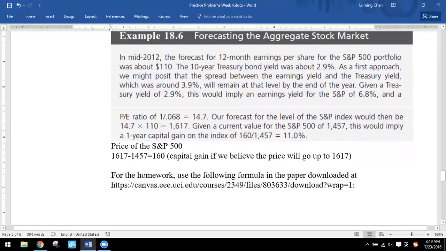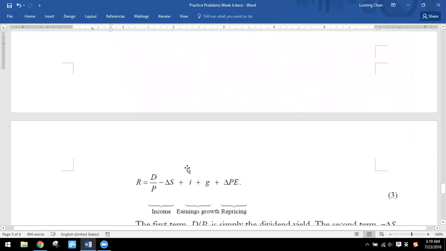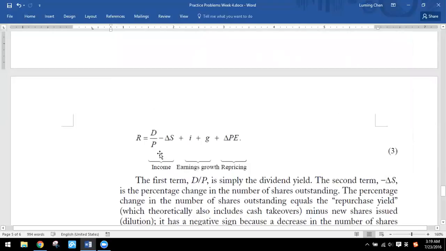For the homework of equity risk premium, we can just use the following formula in the paper downloaded from Canvas, provided by Professor Ricci. And this is the rate of return. This is the dividend yield. And this is the change in shares or the stock repurchases or stock buybacks.